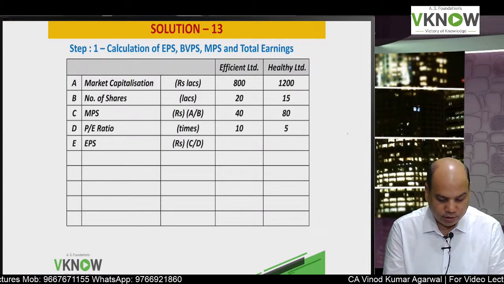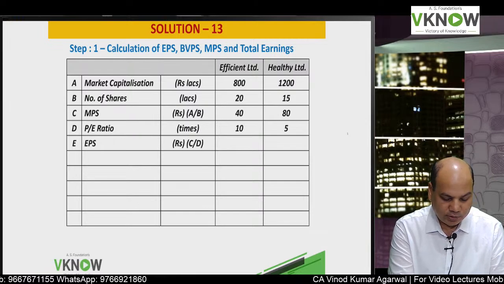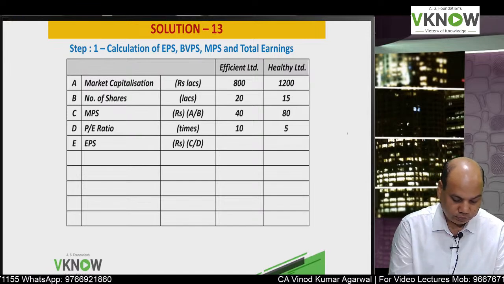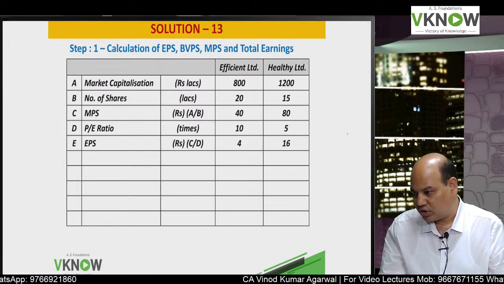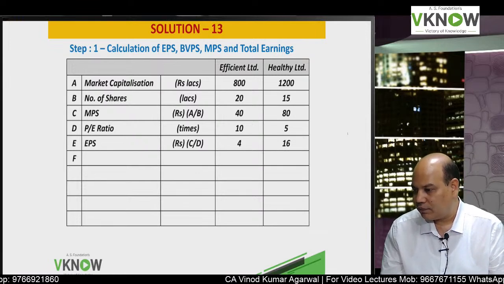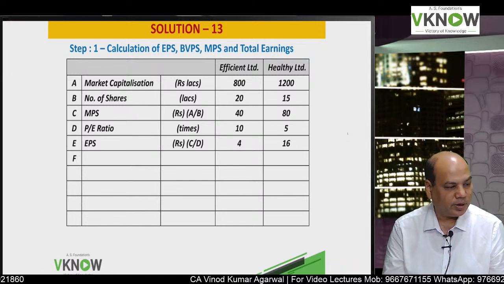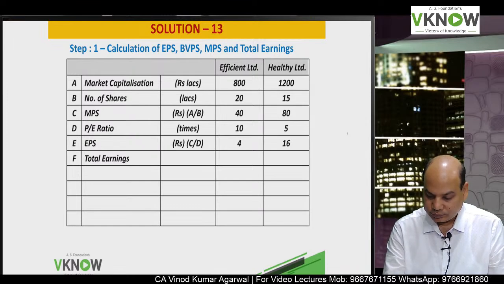So now the student will calculate EPS and tell me. Yes, please reply. What is EPS? 4 and 16. 40 by 10, 80 by 5. This is so basic that I am assuming everybody knows it. Total earning.